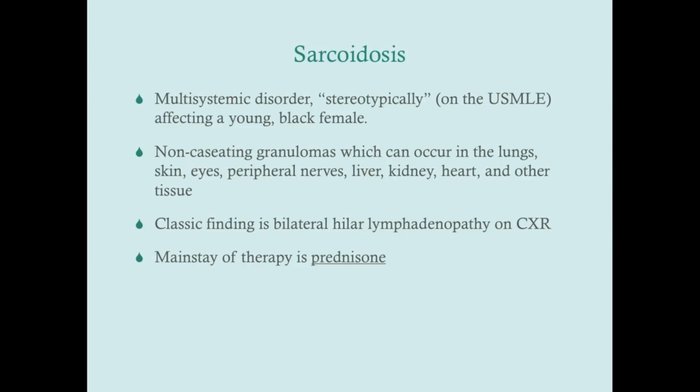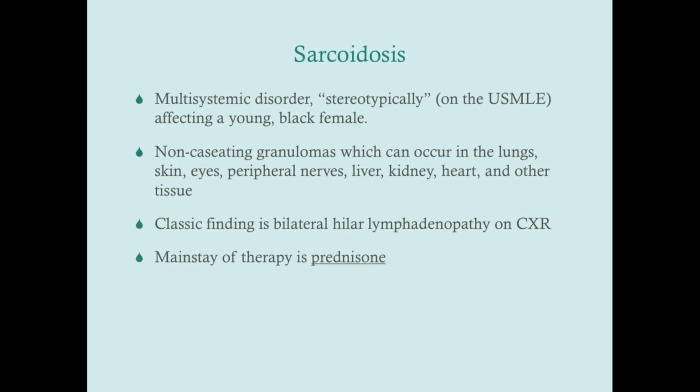In the lungs, it results in fibrosis. In the skin, it results in a finding called lupus pernio, which is a purple induration in the lupus pattern: the cheeks, below the nose, and up the nose.